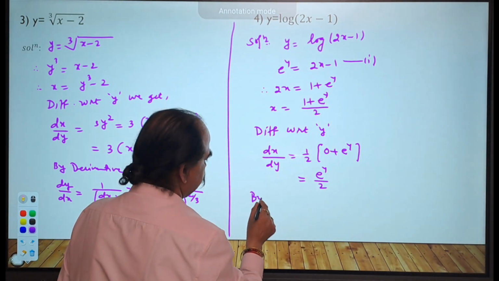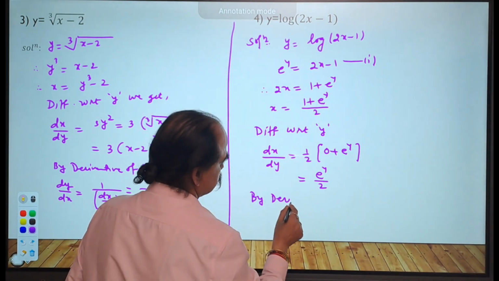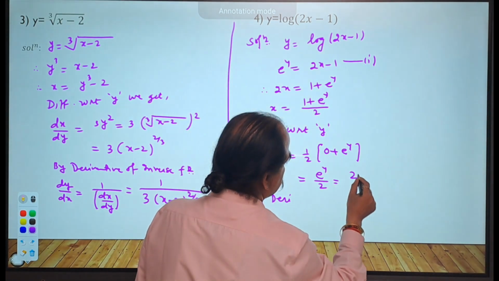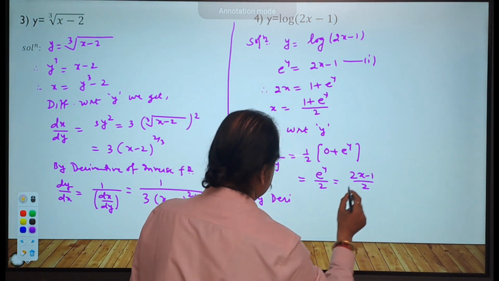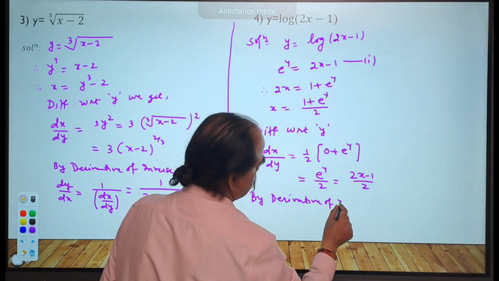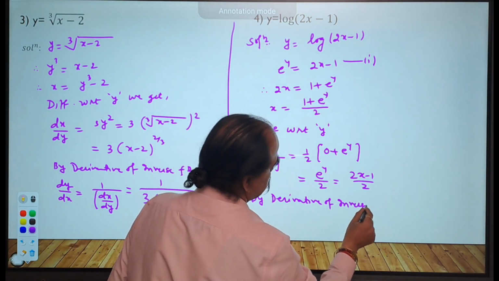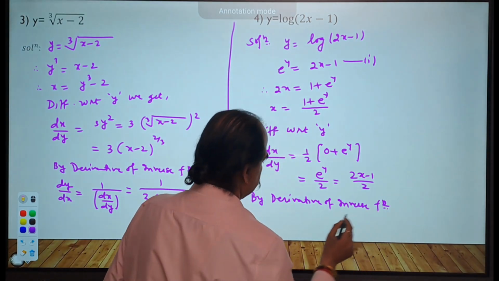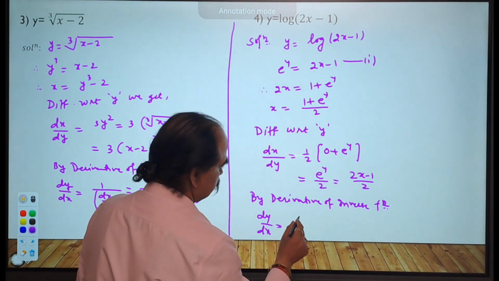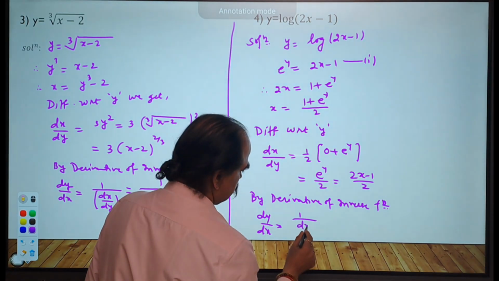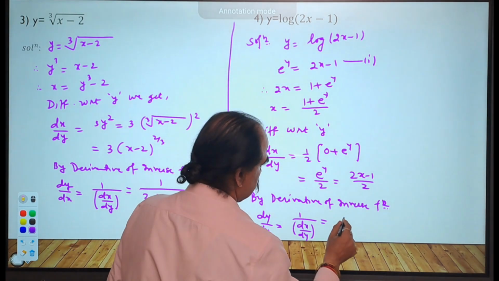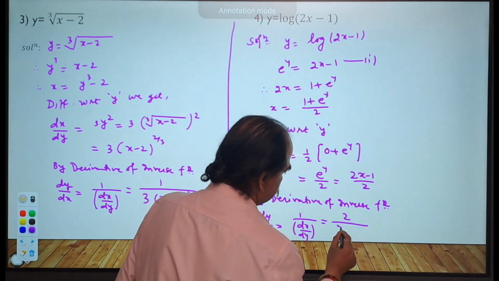By derivative of inverse function, e raised to y is nothing but 2x minus 1. We are interested in dy by dx, which is 2 upon 2x minus 1.